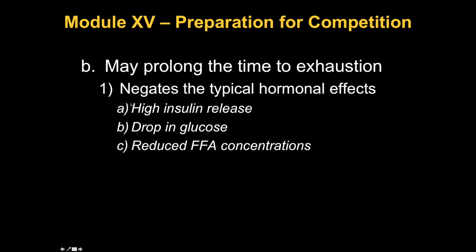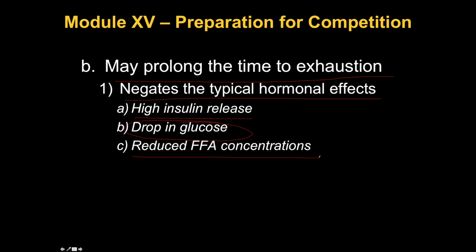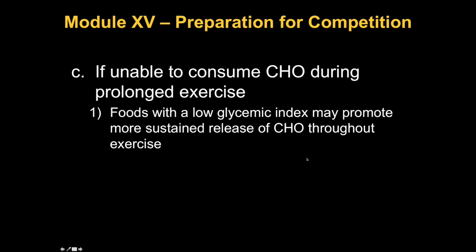So we're trying to prolong this time to exhaustion, which can result from negating the typical hormonal effects, so from high insulin release and then getting that sudden drop in glucose, which would then also reduce the amount of free fatty acid concentrations. If we're unable to consume carbohydrate during prolonged exercise, by consuming low glycemic index foods, we may actually promote a more sustained release of carbohydrate through exercise.